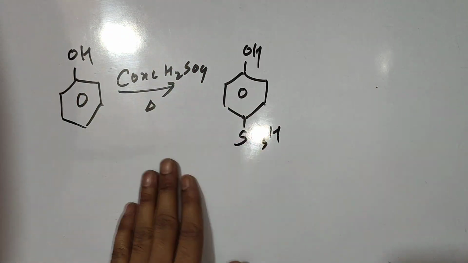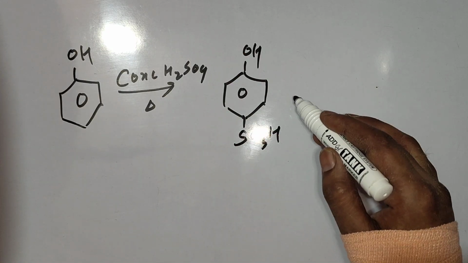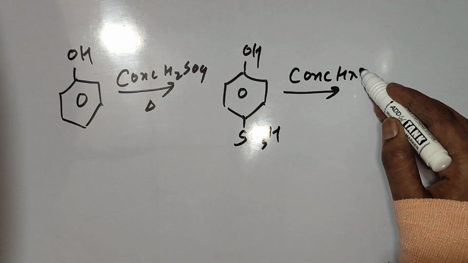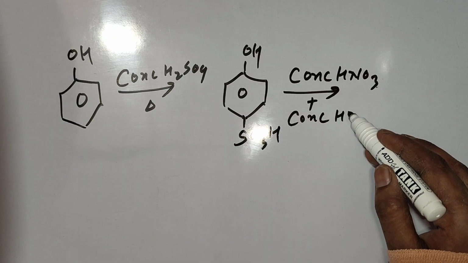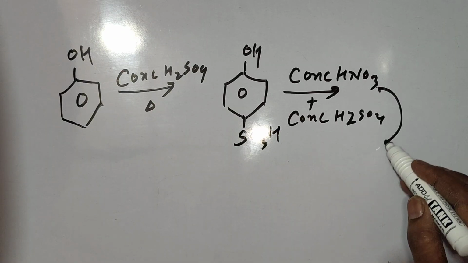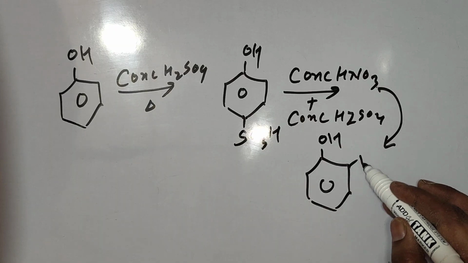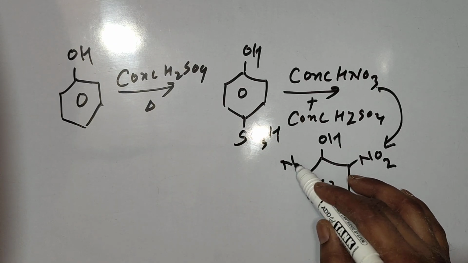Also ortho-phenol sulfonic acid will generate, but I am making para-phenol sulfonic acid. It will be treated with concentrated nitric acid and concentrated sulfuric acid, so as to get a very good amount of picric acid.